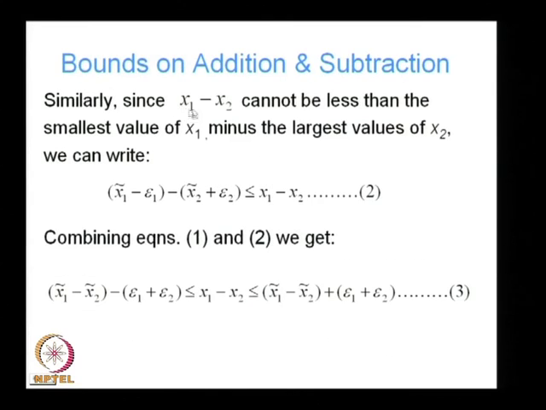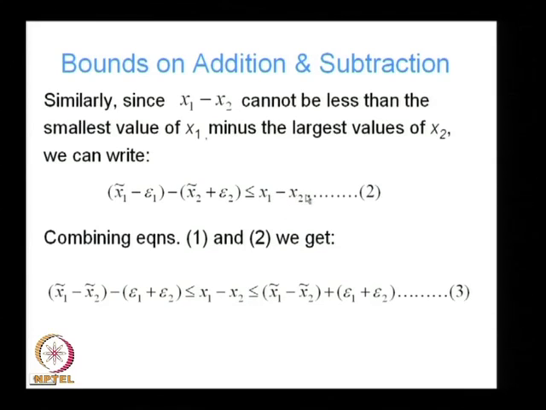Similarly, since x1 minus x2 cannot be less than the smallest value of x1 minus the largest value of x2, we can write x1 tilde minus epsilon 1 minus (x2 tilde plus epsilon 2) must be less than or equal to x1 minus x2.